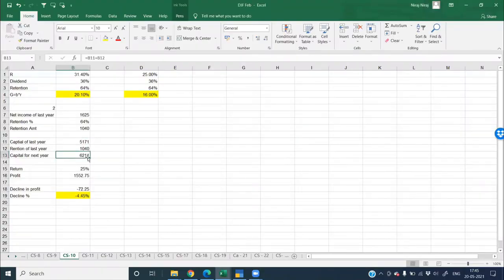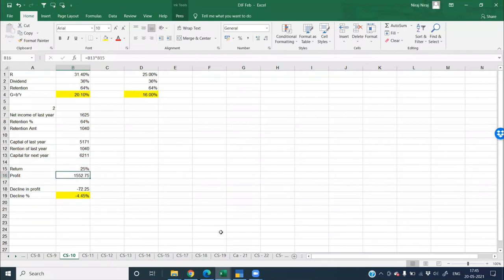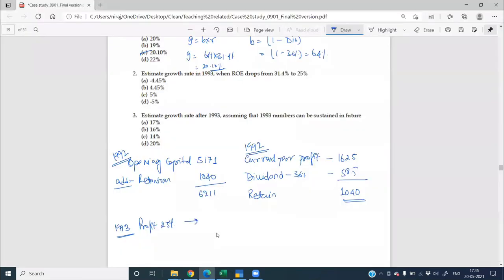That will give me 6211. Now I'm saying that on this 6211, I will earn a profit in 1993, where the growth rate that has been given to me is 25%. So 6211 into 25% is 1552.75.